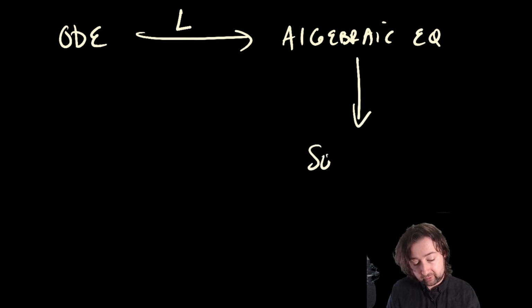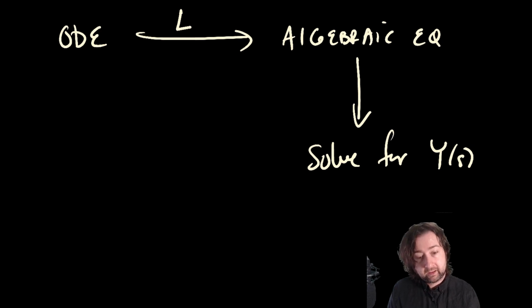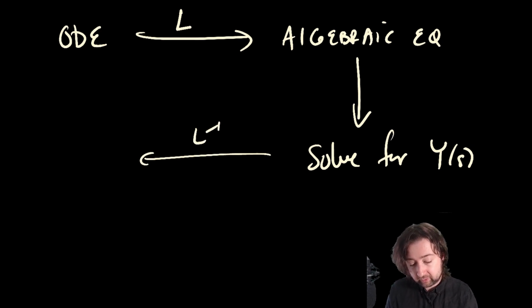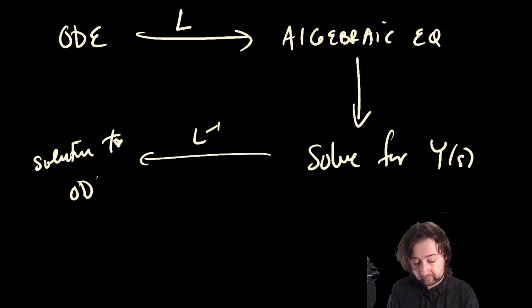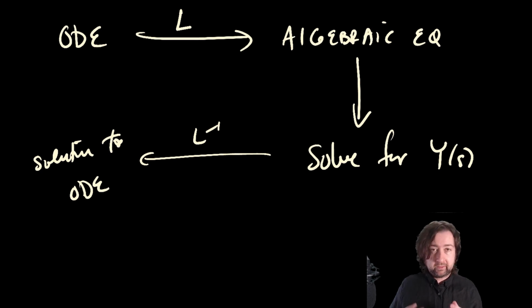Then we solve it algebraically for y of s. And once we've done that, we come backwards with the inverse Laplace transform to get the solution to the ODE. And that is going to be basically our approach to all of these differential equation setups.